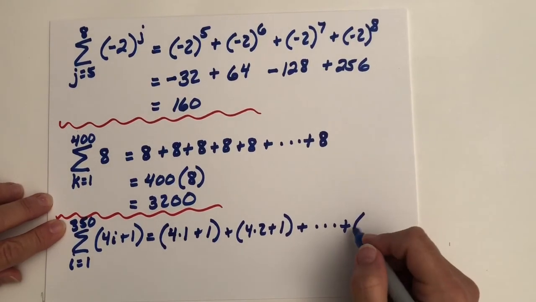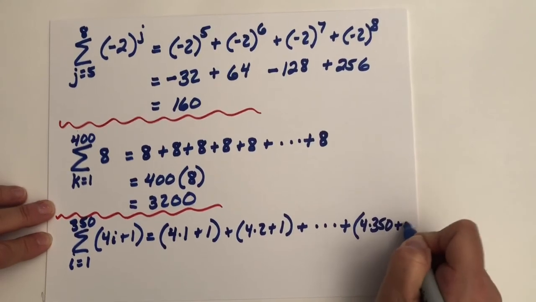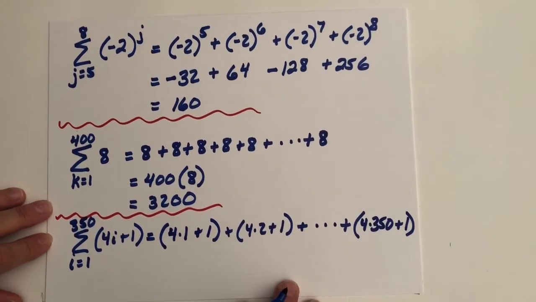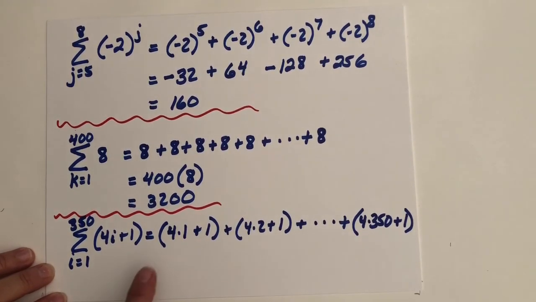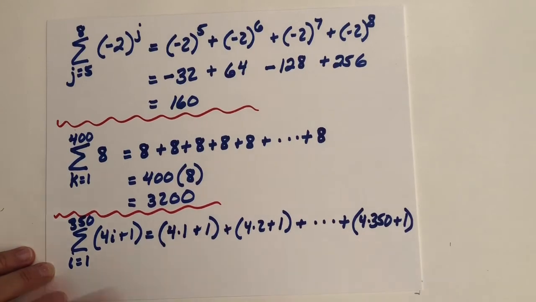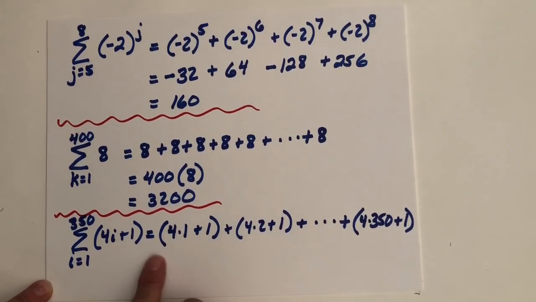So we know the last term would be 4 times 350 plus 1. Now to find the sum, we would need to be talking about some strategies that we haven't gotten to yet. So you're going to need to make sure that you watch more videos to find out how to actually calculate this. I'll give you a hint. You can use the sum of an arithmetic sequence, but that's a talk for another day.